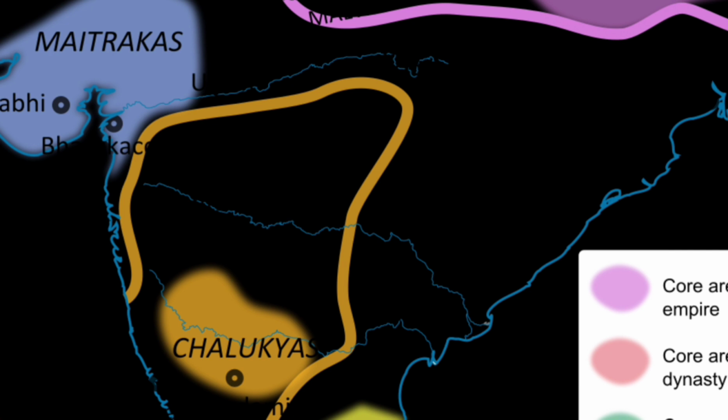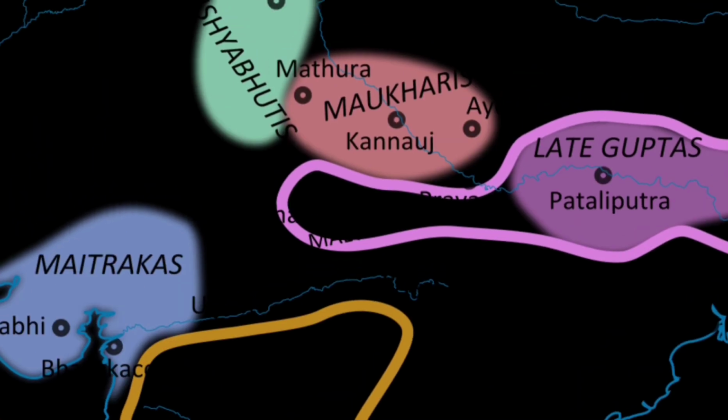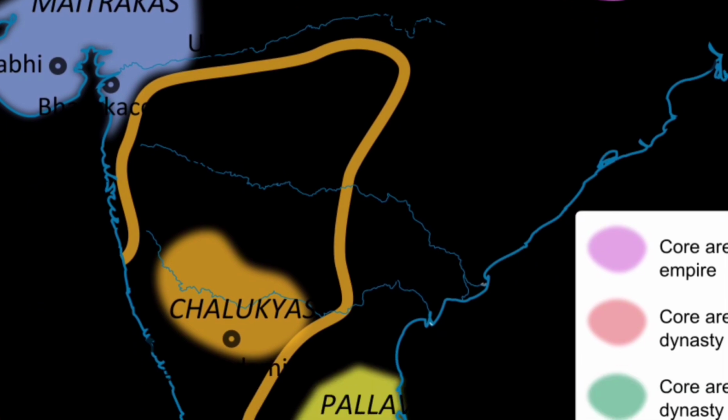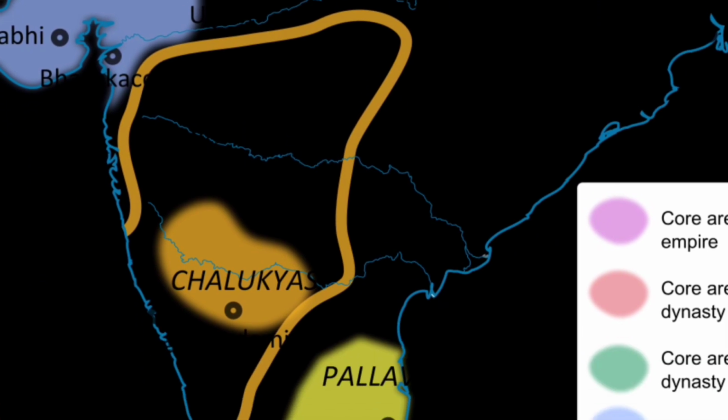This was one of the most notable battles in the history of India, and it stopped the expansion of the Pushyabhuti Empire, which was ruling in northern India, towards southern India. The Chalukyas remained very strong in the southern part of India.